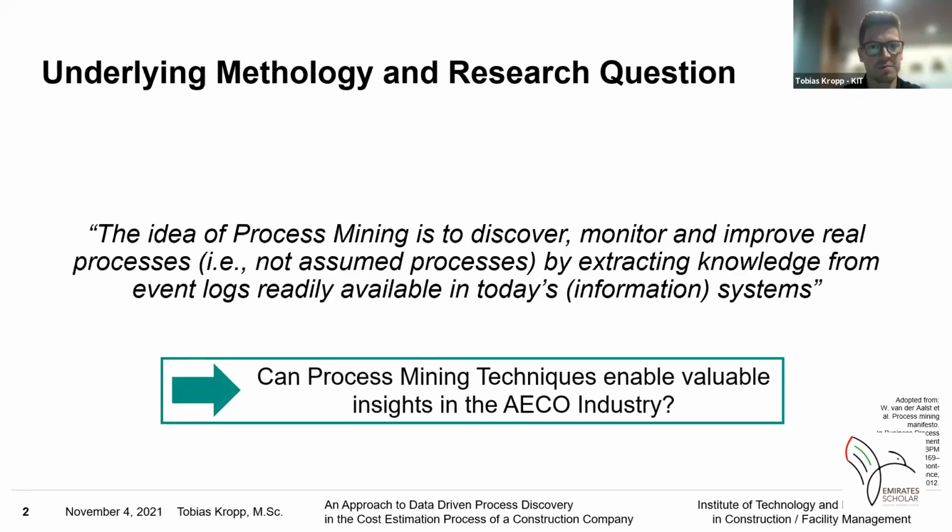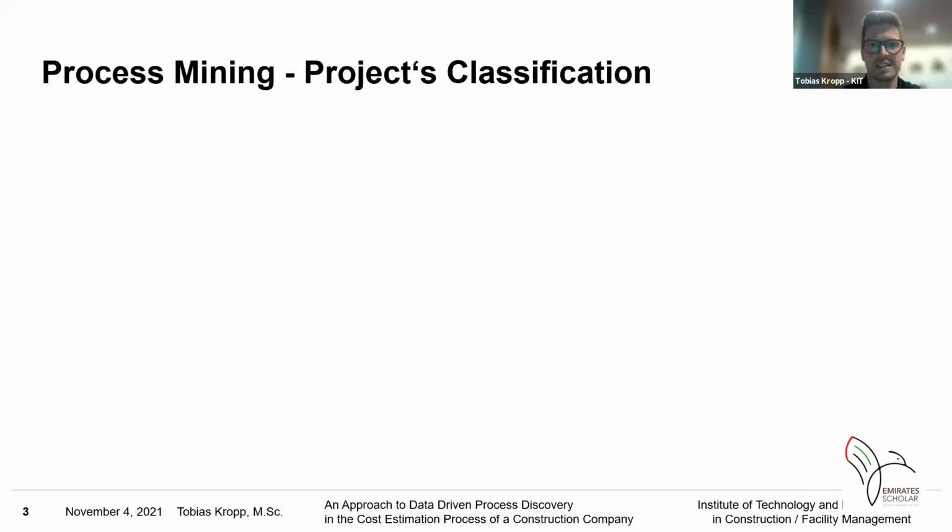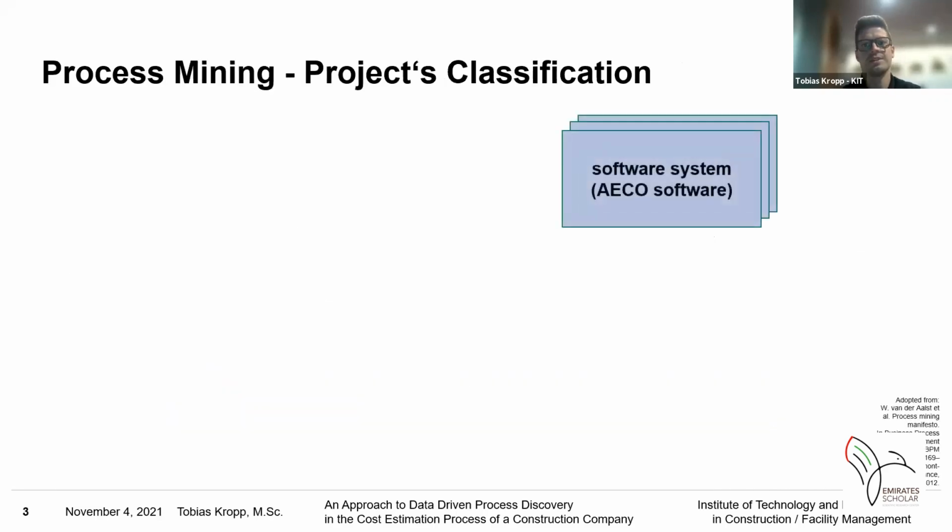To show you what process mining is, I will present the next slide, where you at first see a software system. Software systems in the AEC industry could be any software system in use, for example Revit, which the colleague from before presented already.